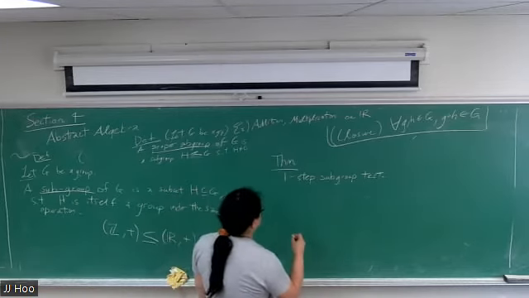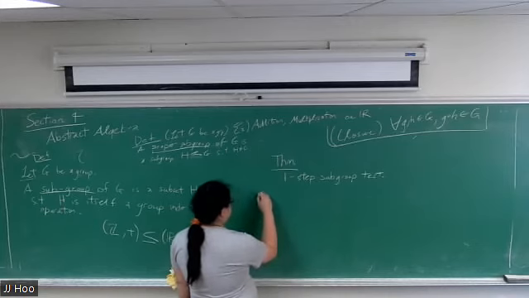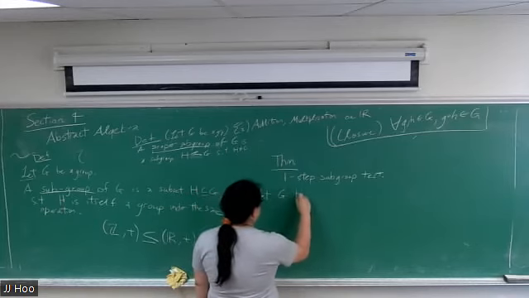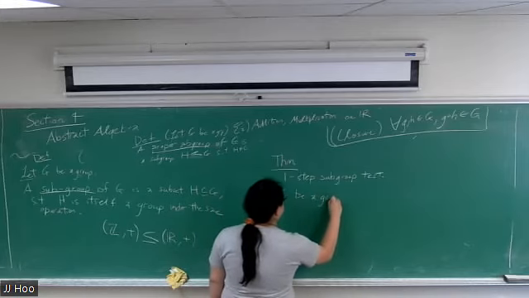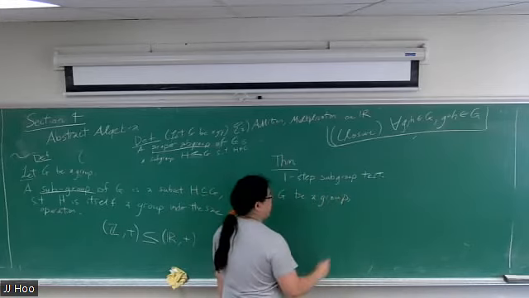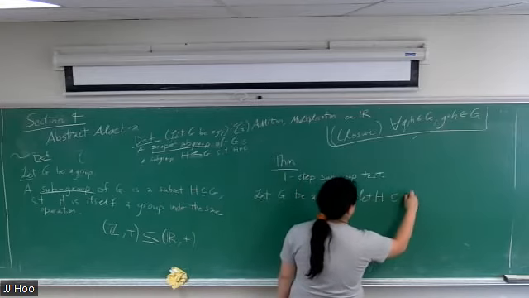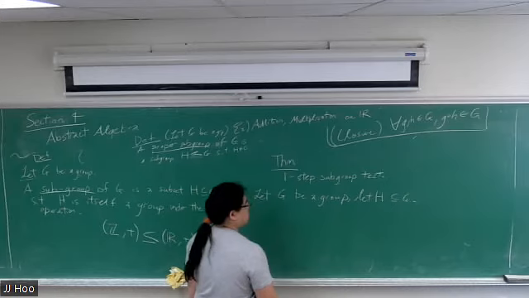So the one-step subgroup test. This says that, let G be a group and let H be a subset of G, right?